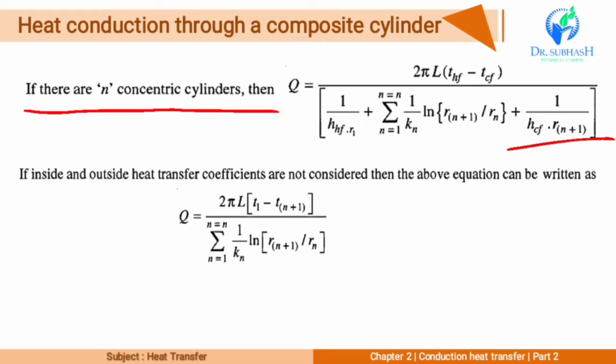But if inside and outside heat transfer coefficients are not considered, then the above equation can be written as Q is equal to 2 pi L into (T1 minus T(n+1)) divided by sigma n equal to 1 to n of 1 upon Kn ln(R(n+1) divided by Rn).